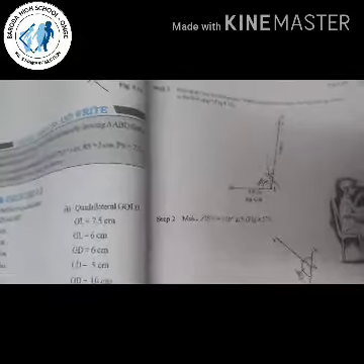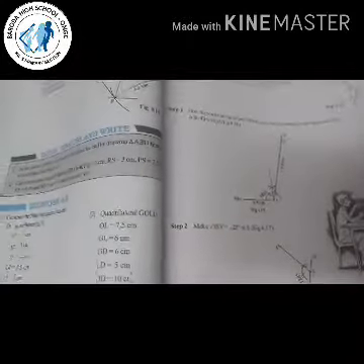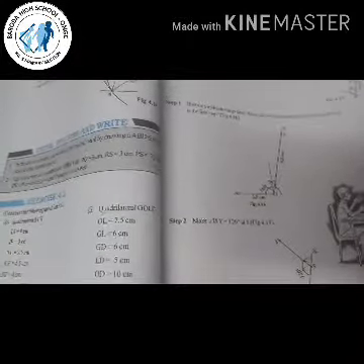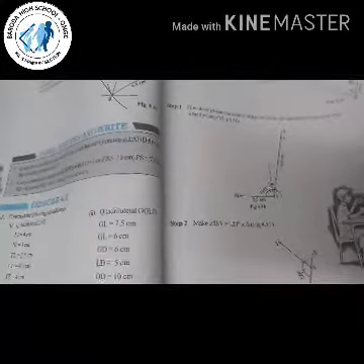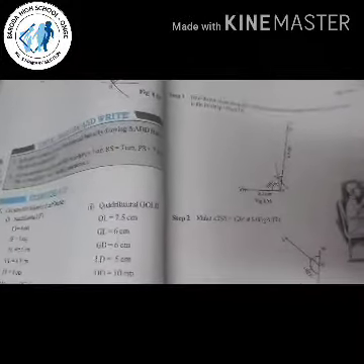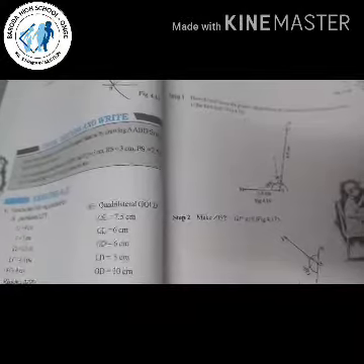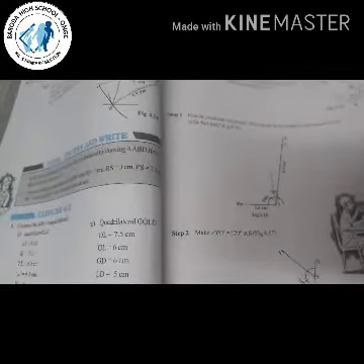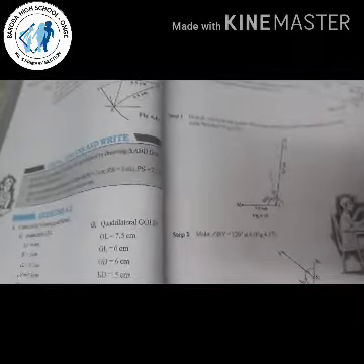Then once you get angle I, you will mark point S because we know IS is 6.5. Now we have MI and IS sides.